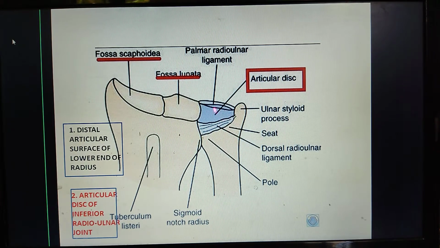And this triangular articular disc, the apex of which is attached to the notch between the ulnar styloid process and the head. Here the apex is attached and the base is attached to the lower end of the radius. So this articular disc excludes the participation of the head of the ulna in the formation of the wrist joint.